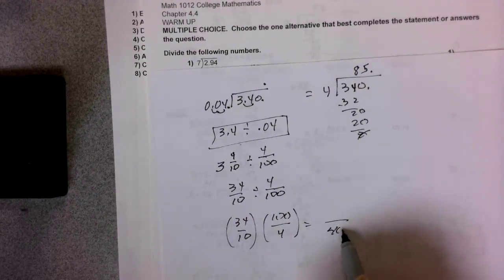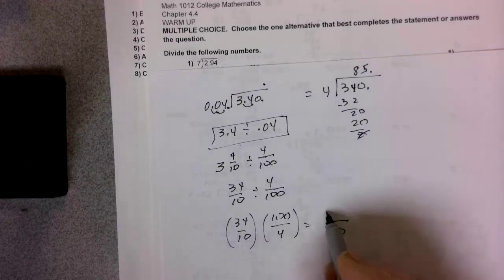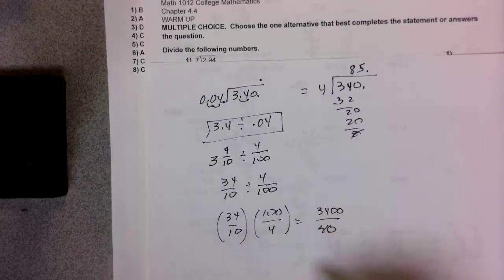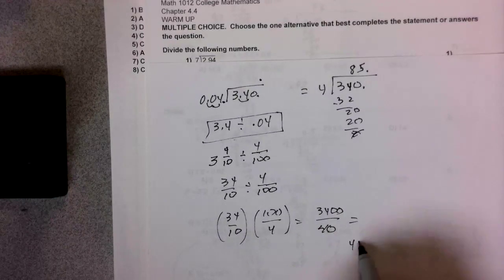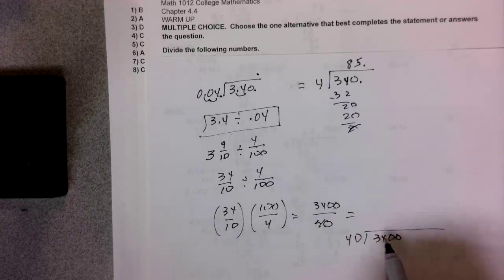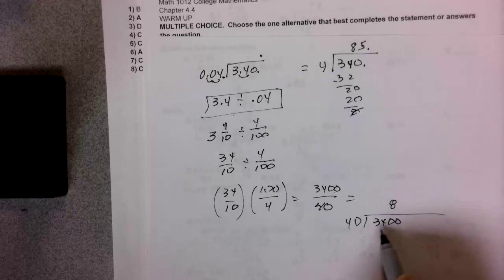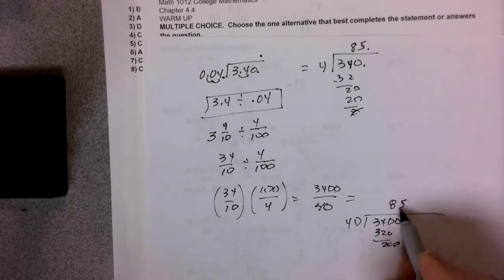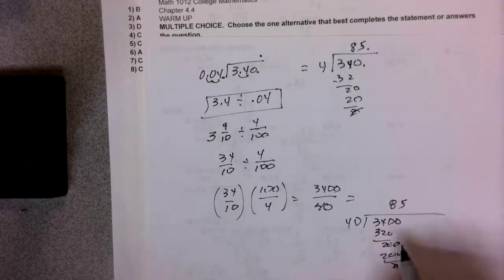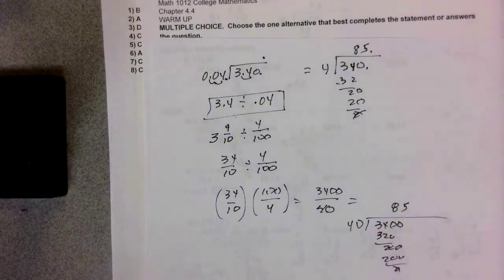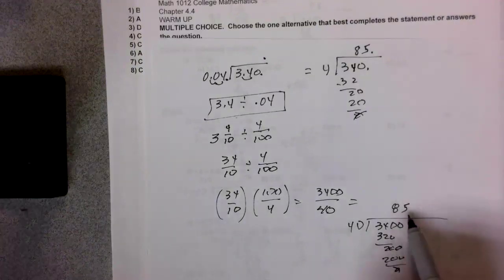It gives me 40 into 3,400. And if I do long division for that, what am I going to get? Well, 40 will go into 34 8 times, which is 320. 40 goes into 200 5 times, and I'm done, and I still get the answer of 85. So this is one other way you can think about doing these.